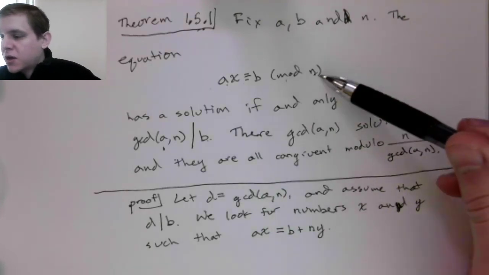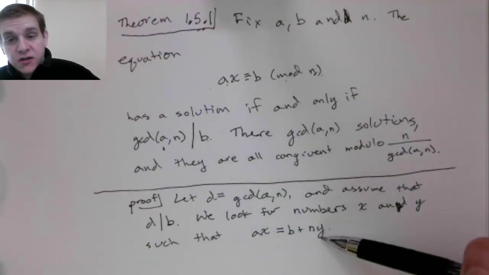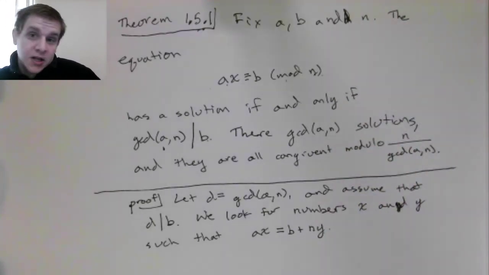This equation is solved if and only if you can find a y and an x such that this thing is solved. And then x is my solution, y is just some auxiliary thing that's related to the fact that we're taking things modulo n.